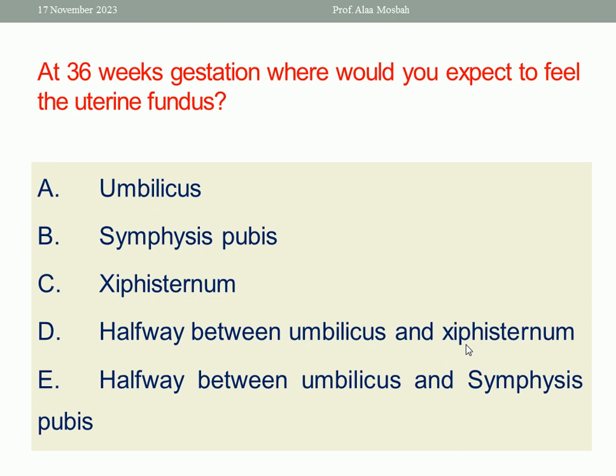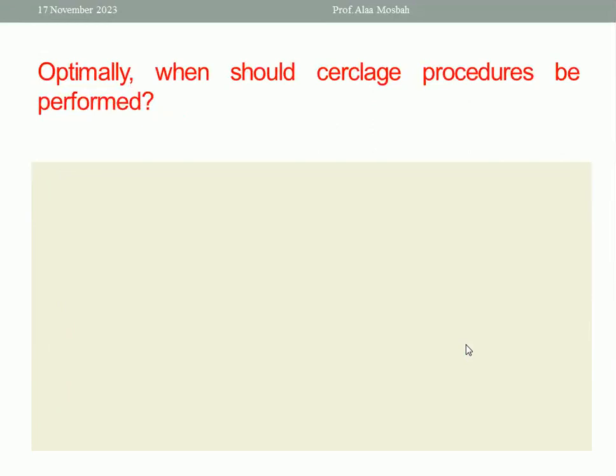The one best response here is B. Symphysis pubis. Sorry, C. Xiphisternal. As you know, at 36 weeks gestational age, the fundal level is expected to be at xiphisternum. So the one best response here is C. Okay, go to the next, please.